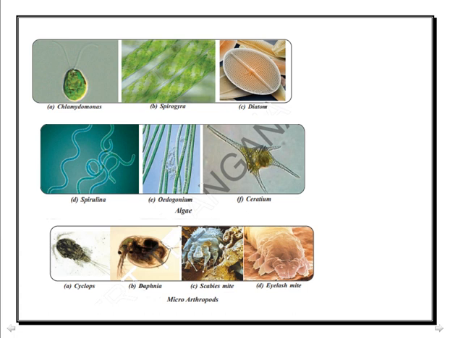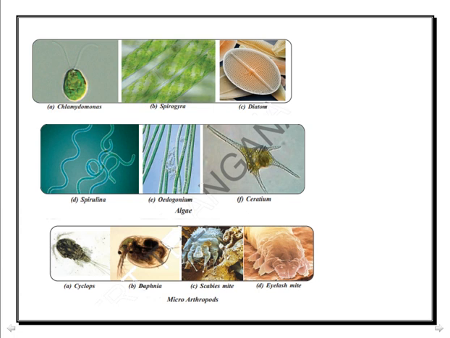Cover it with a cover slip and observe it under the microscope. Draw rough sketches of what you have observed in your notebook. Compare with pictures of Chlamydomonas, Spirogyra, etc.